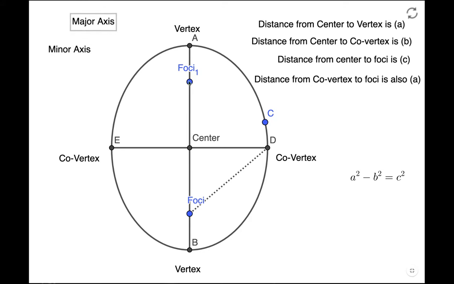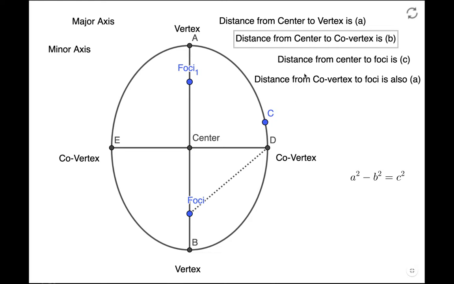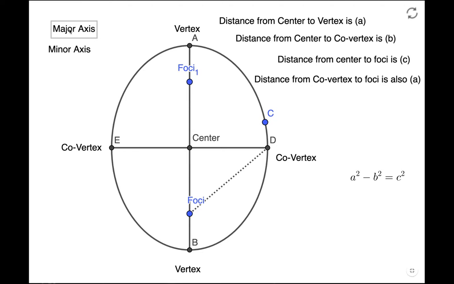Again, the two foci are along the major axis a certain distance. Let's talk about those distances. We label them. The distance from the center out to a vertex, not a co-vertex, but a vertex, is designated as A. So the distance from here to here would be considered A. The distance from a co-vertex to the center is considered to be B. Now let's think about how that relates to the axes.